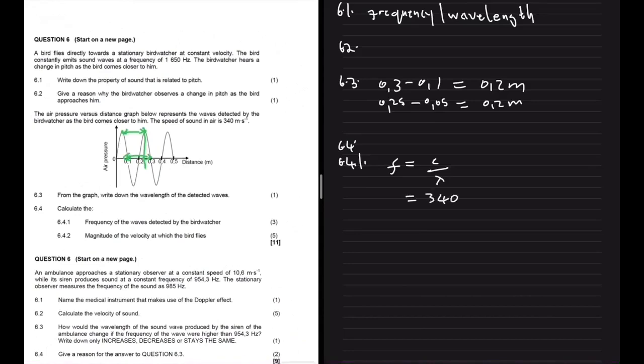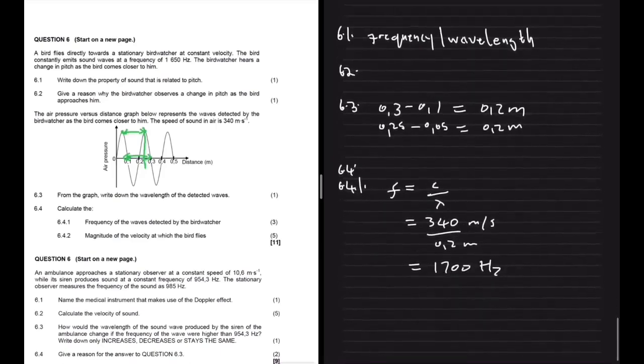We're going to have 340 meters per second divided by 0.2 meters. So let me go ahead and put that in the calculator. 340 divided by 0.2 is going to give us 1,700.